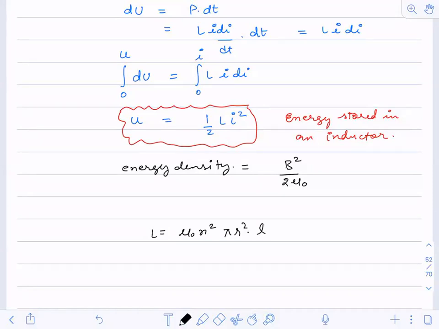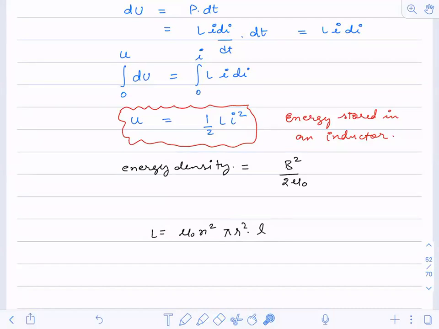So this value you will substitute in the formula of energy. Now, energy divided by this complete thing would become energy density. Also, L has a value of phi into I, so from there you will relate the things and get the value.